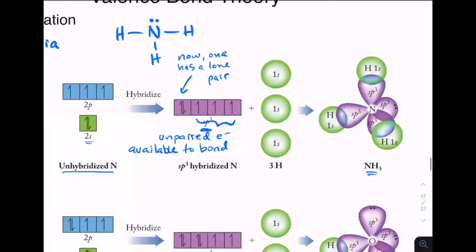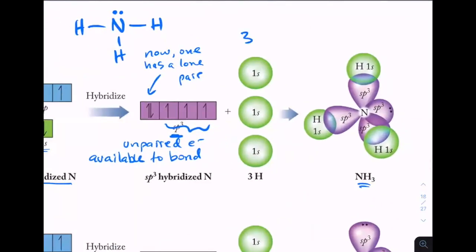Now, here's what it looks like in the model. It's drawn right down here below. Here are your three hydrogens, individual, and each one has an electron in the 1s orbital. And now you've got nitrogen undergoing sp3 hybridization, so it still has the 4 sp3 hybrid orbitals, and 3 of them are bonding with the hydrogens, sharing their electrons. I should really draw them in different colors.